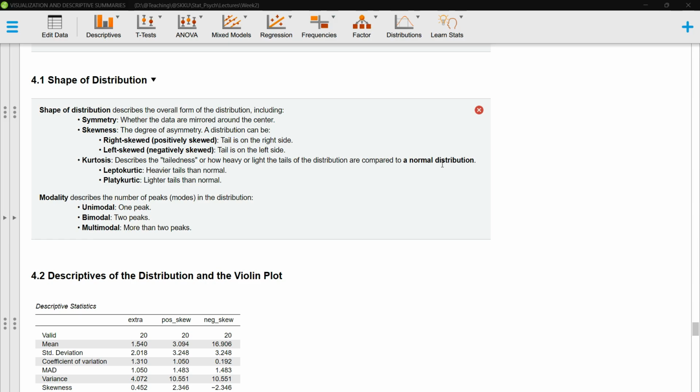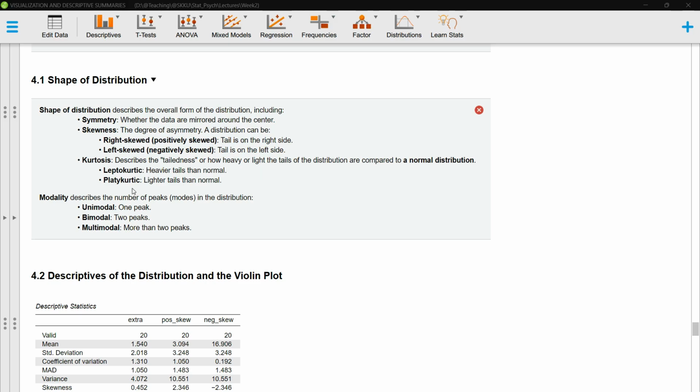But just remember that in terms of the heaviness or length of the tail, the reference is the normal distribution. If a distribution has a longer, heavier tail than the normal distribution, we call that distribution leptokurtic. Leptokurtic means with the long tail.